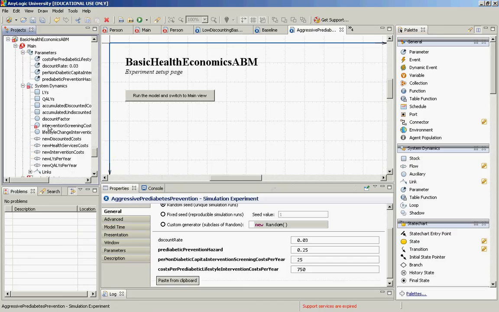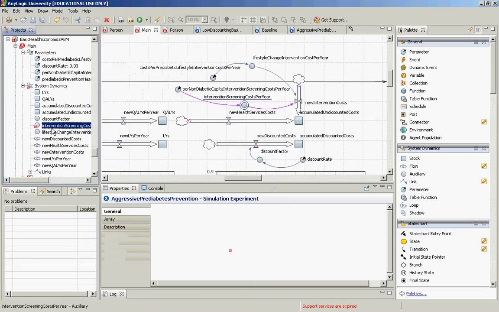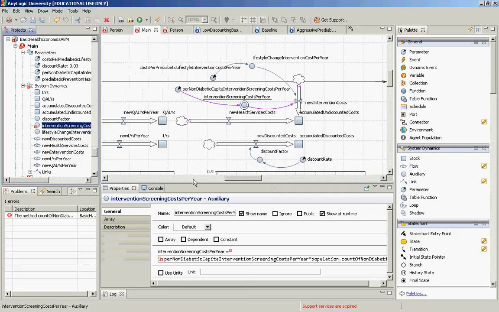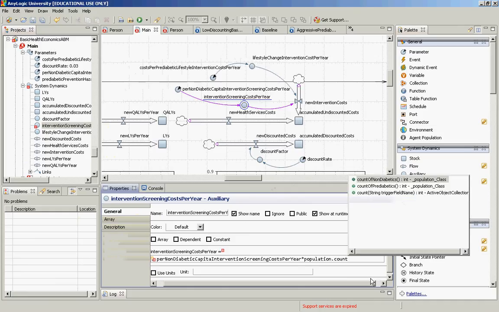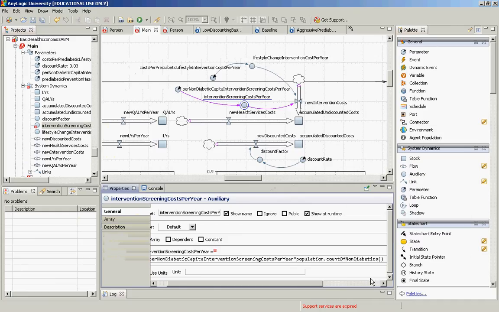So let's go follow this red X, and it says method count of non-diabetics is undefined for this. So why is that undefined? I had been missing an S. It was count of non-diabetic versus count of non-diabetics. Okay, it built successfully. Now we're in good shape.